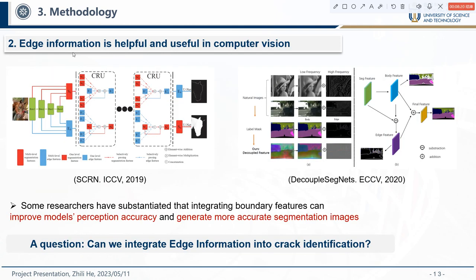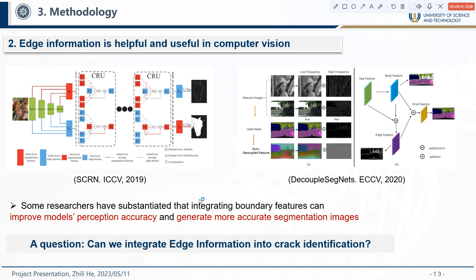And in computer vision, edge information is also helpful and useful. Some researchers have substantiated that integrating boundary features can improve models' perception accuracy and can generate more accurate segmentation images, such as SCI in 2019 and decoupled SegNets in 2020.